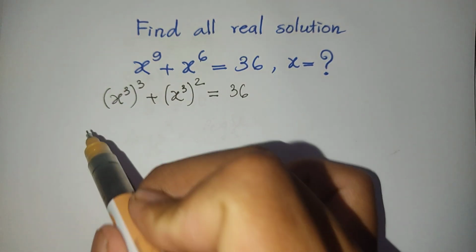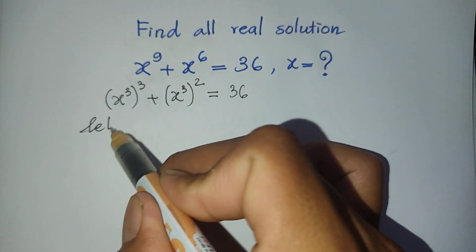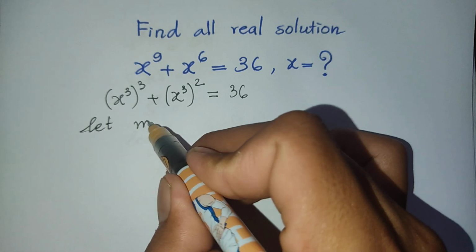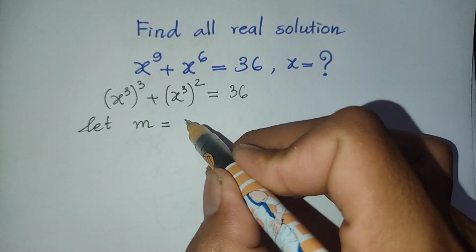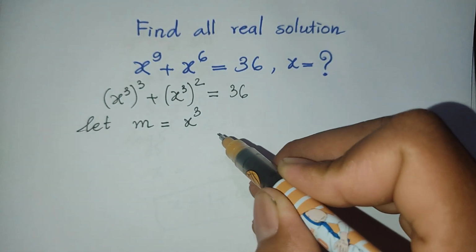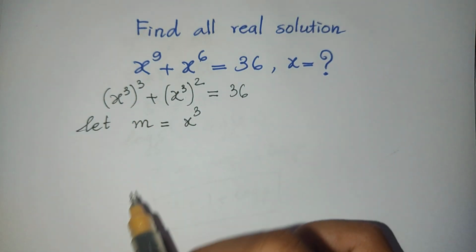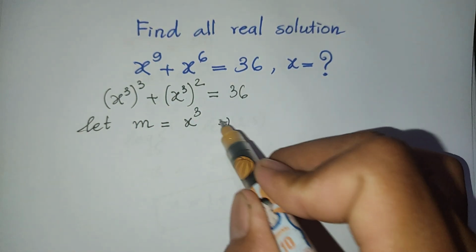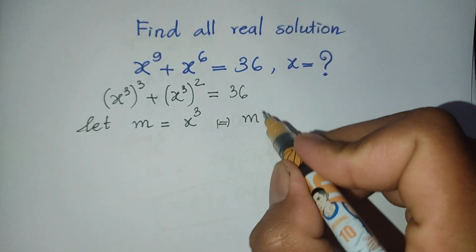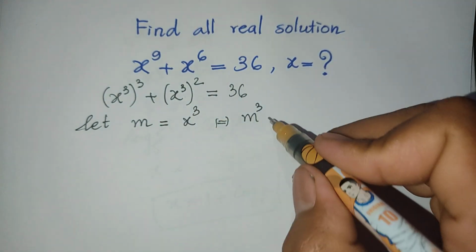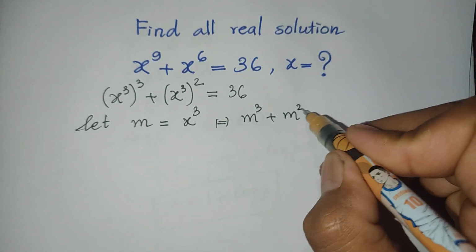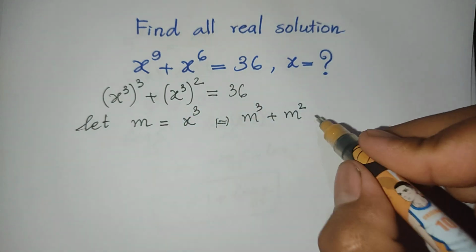So I let m equal x power 3. And so now our equation can be written as m power 3 plus m squared equal 36.